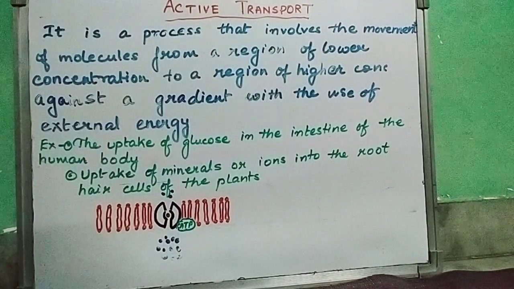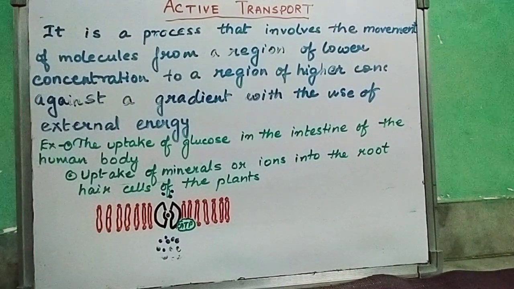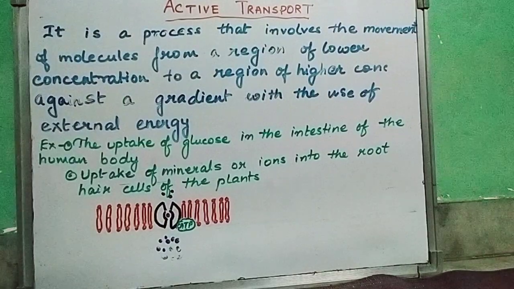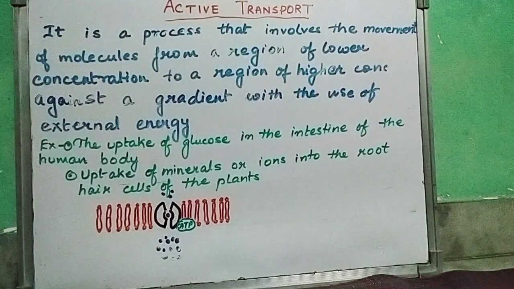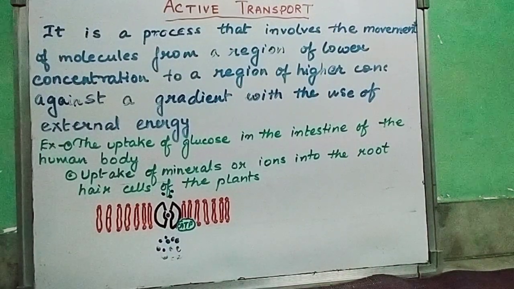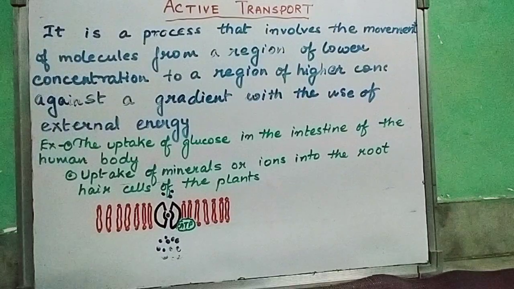We know that sodium is less in the soil, still it is transported. That means it utilizes ATP energy, the pump, the breakdown of the energy of ATP, in moving the molecule from the region where it is less to the region where it is more.